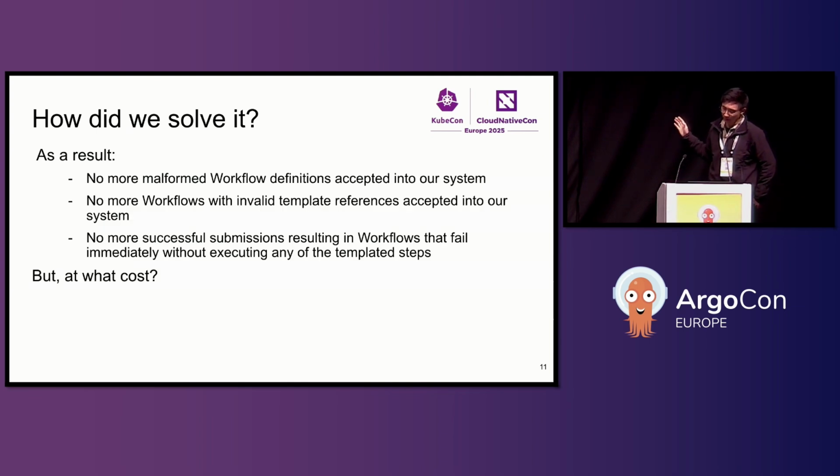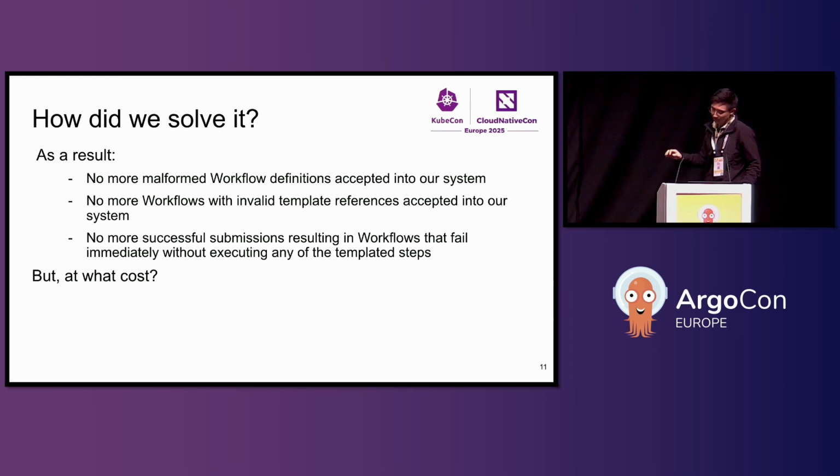So as a result, we do not have any more invalid workflows accepted into our system. All malformed workflows, like that foo bar example I showed earlier, will just get rejected right away. And invalid workflow template references will also not be accepted, because the validate function will check and say, okay, this template does not exist, this workflow is not valid, you'll get rejected.